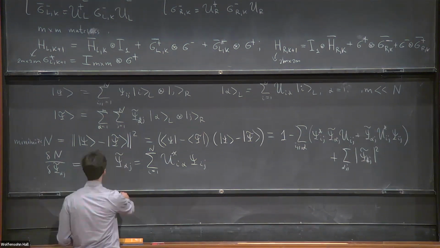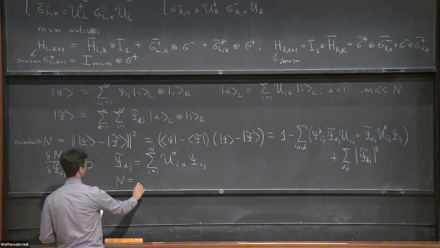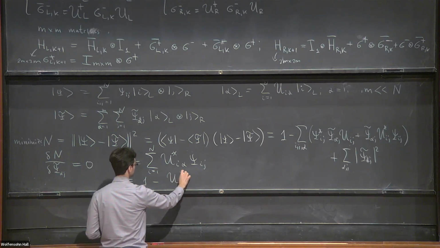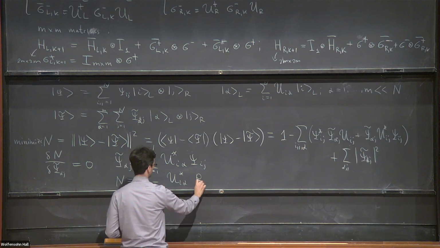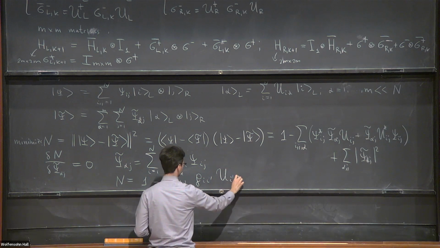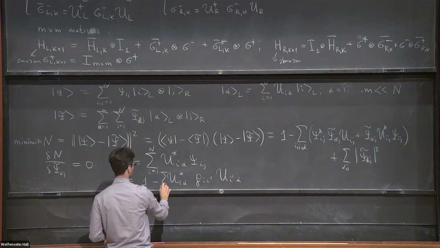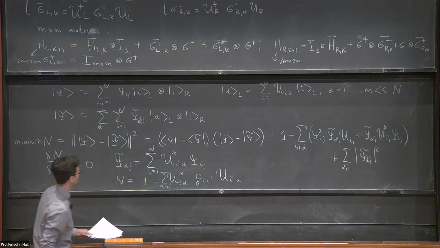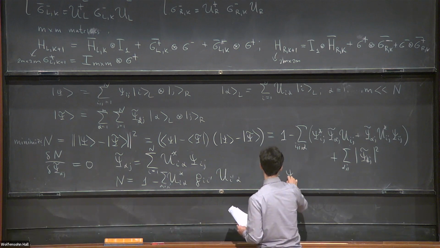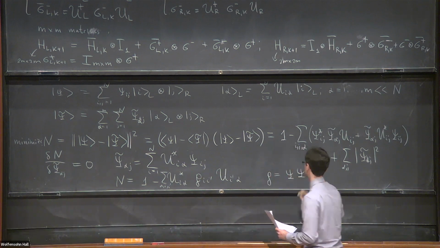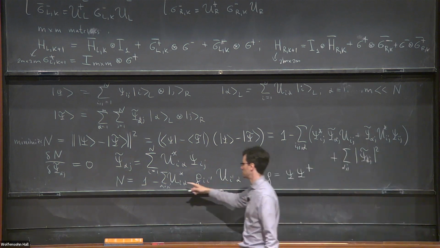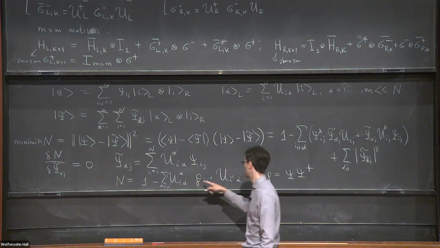So we find that this norm will be 1 minus the sum of matrix U I alpha rho I prime alpha, where this rho is the density matrix of our state.